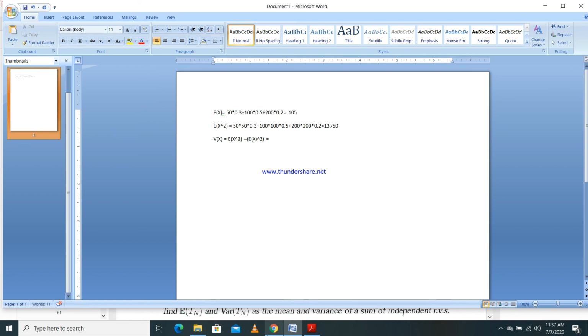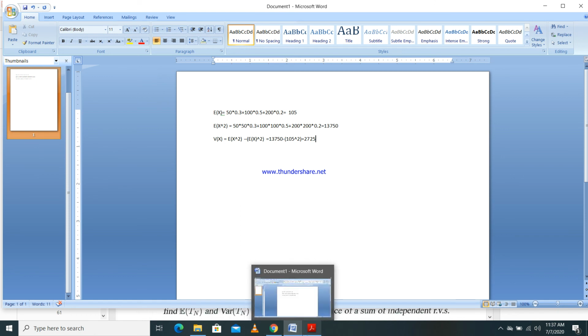Now here, the expected value of x squared we have calculated, that is 13,750 minus expected value of x is 105. So I have to take 105 squared. And if you simplify this, you will see it's equal to 2,725.